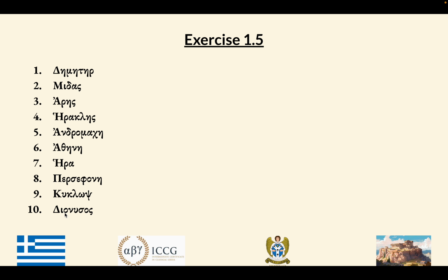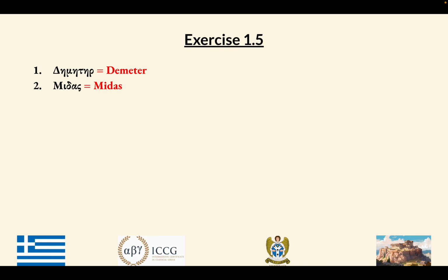Okay, exercise 1.5, more of the same. So we've got Demeter, Midas, Ares, Heracles. Now notice this first letter here, it looks like an H. It looks like an English capital H. So it's tempting to think that's an H in Greek. It's not an H in Greek. In Greek, this is a capital eta.